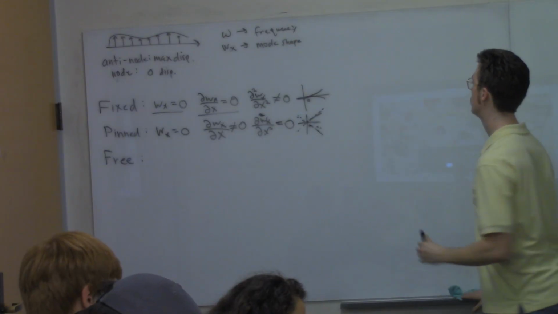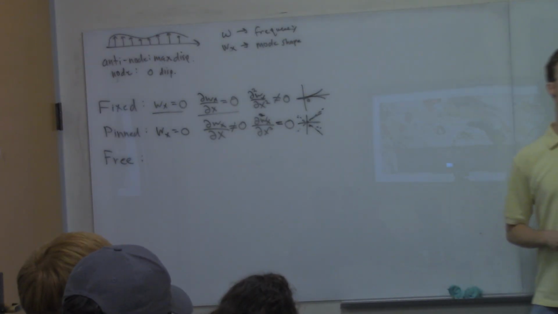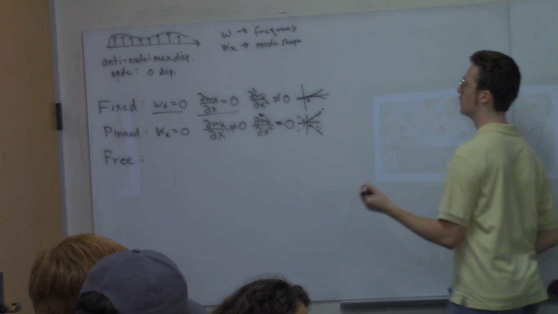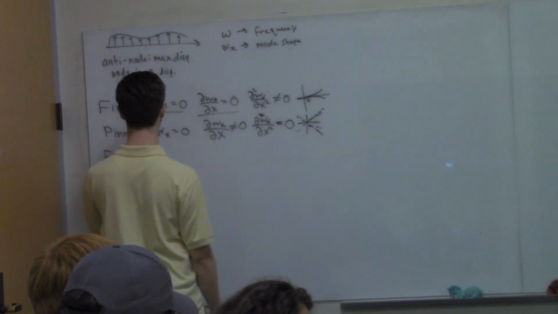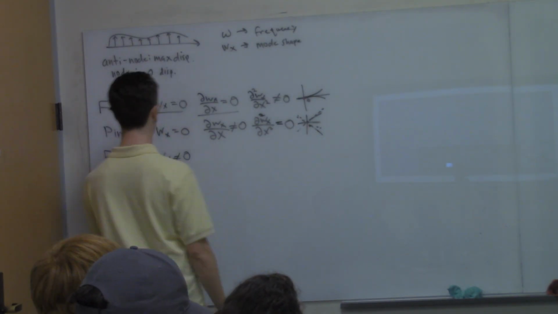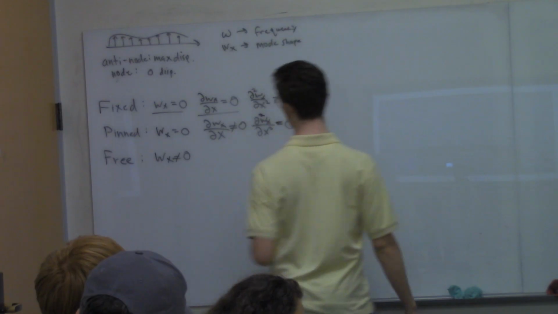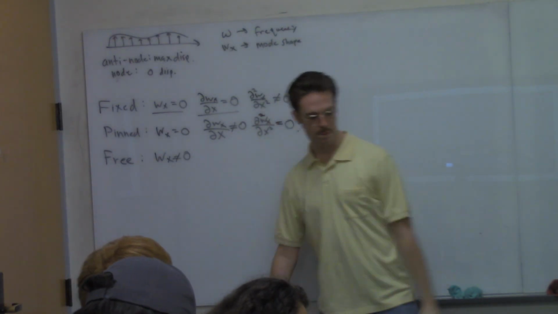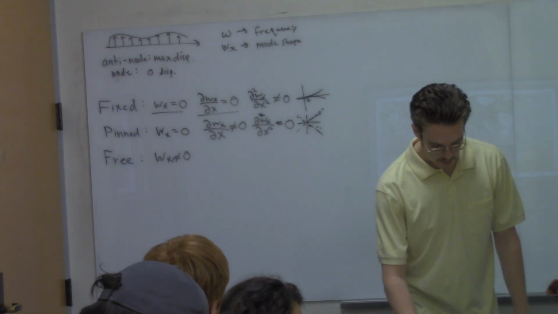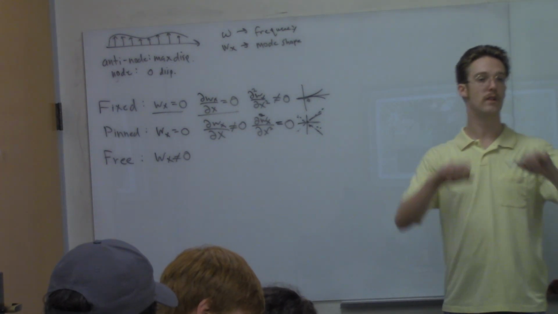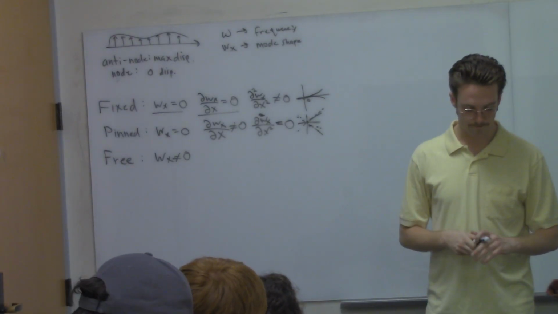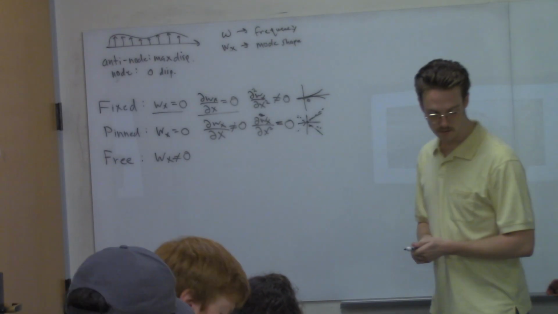For a free end, there's not really a constraint on it at all. So in contrast to fixed and pinned, we know that the displacement isn't necessarily constrained at some point. So the displacement at that point is non-zero. There's not really anything touching it, and there's no reason for it to really bend at all.